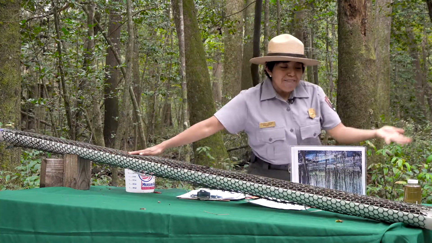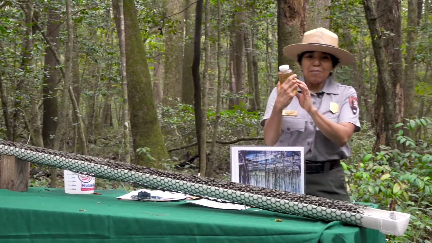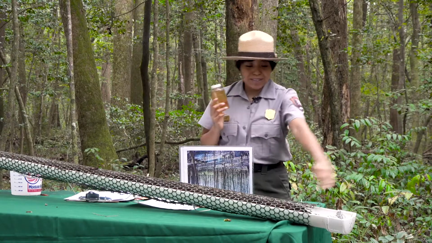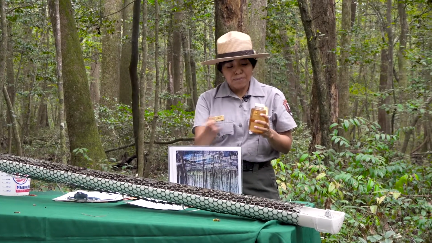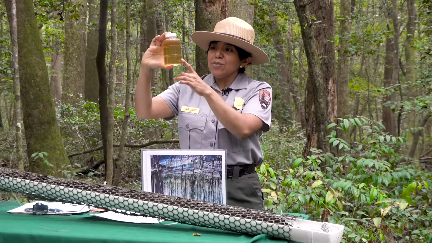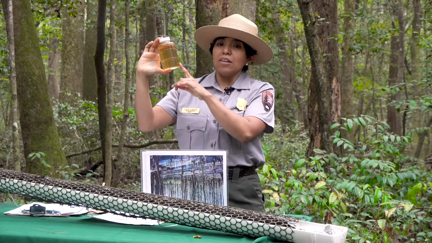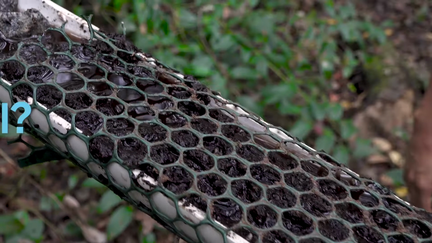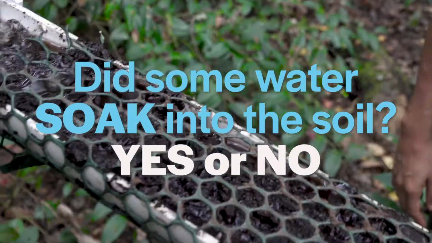So since we didn't have any water down here, we have a sample of what you will get once the water makes it down the flume. And you can see this water has a color. So let's look at our sheet and answer the questions about the experiment. Did the water soak into the soil?